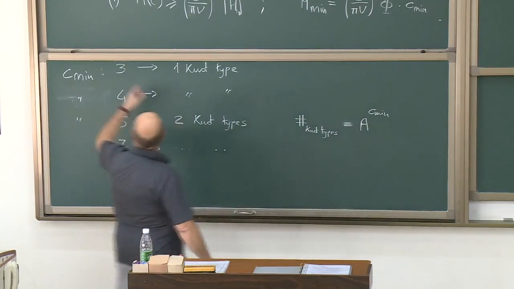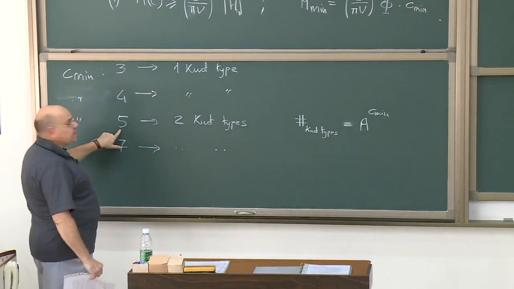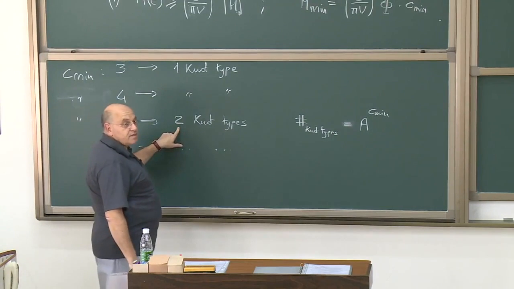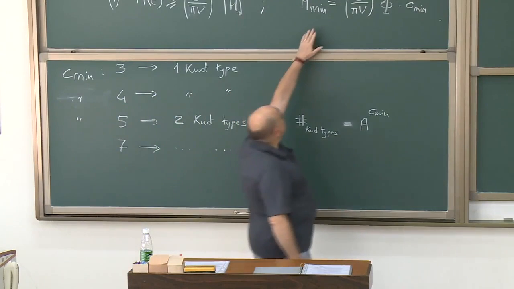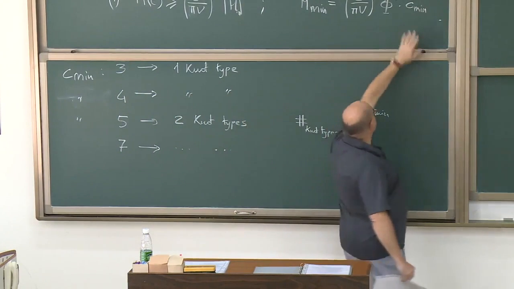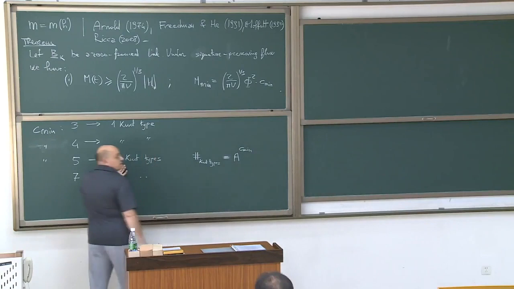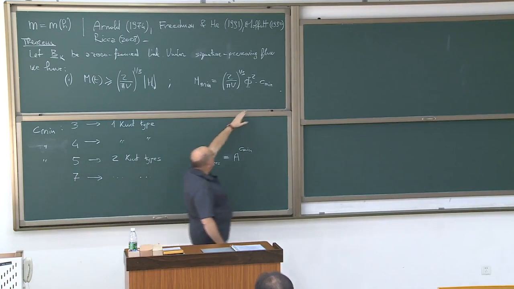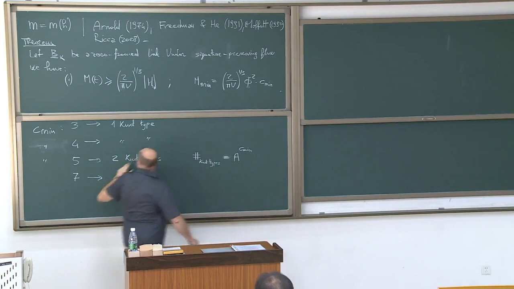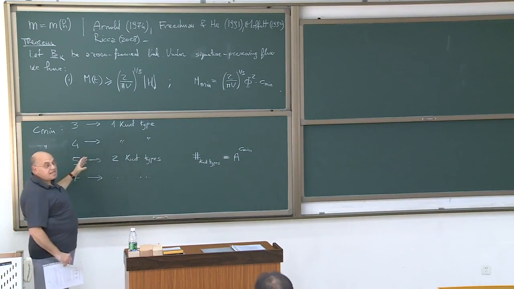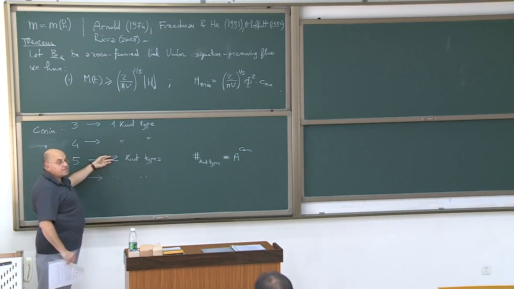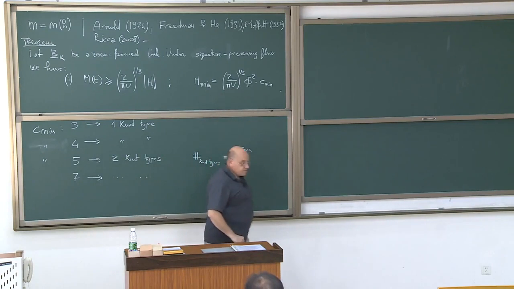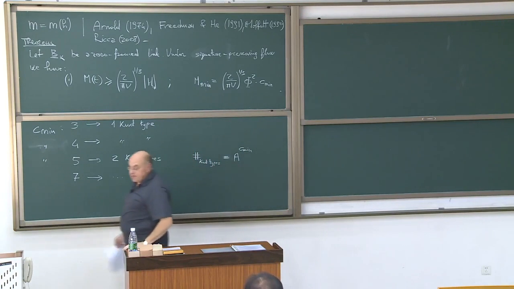So suppose we take a 5 crossing knot, here there are 2 knot types, and here it says that the minimum energy is due to C min and is this. So, what does it mean? If we have 2 knot types, we put a 5 here, and M min, are we sure that M min is the same for the 2 knot types? You know, there is an information on the volume that doesn't help.